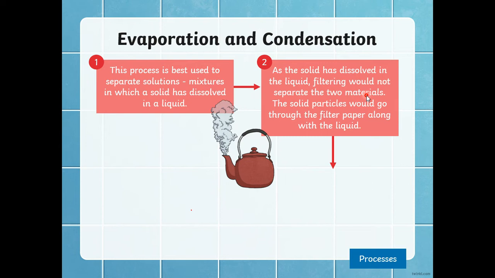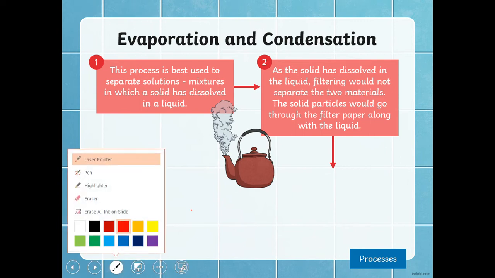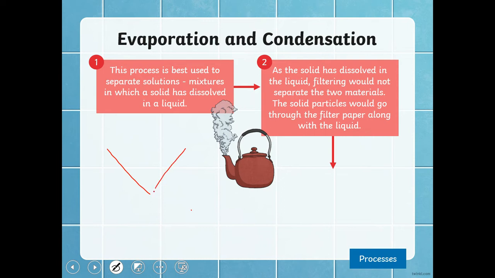That's a very important idea. If we have, say, sugar and water or salt and water, and you try to filter, with filtering we have something like this, and we pour the solution inside there and try to filter it. You can't filter salt and water, and you can't filter sugar and water because it's dissolved into it. It's as if it's a part of it.